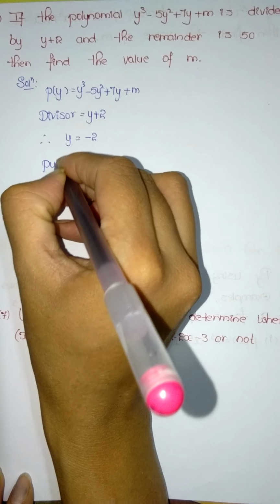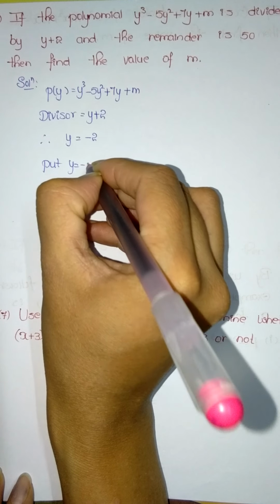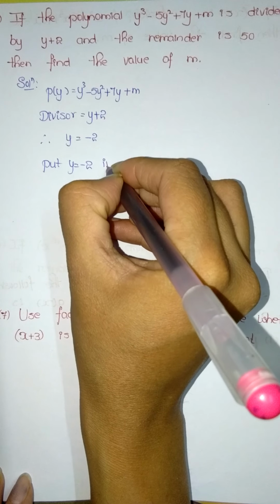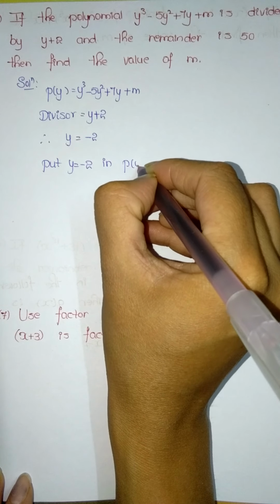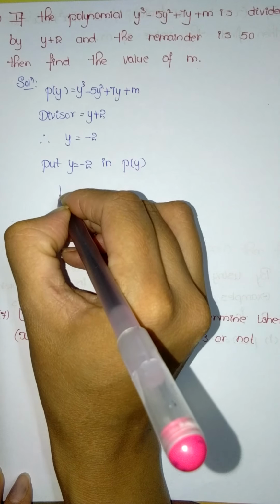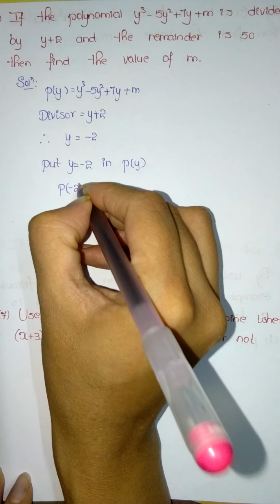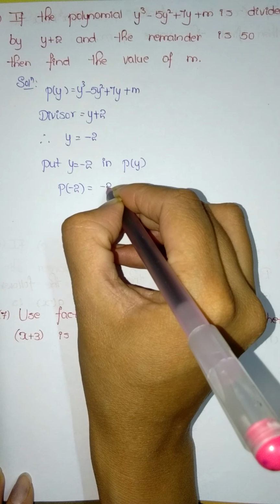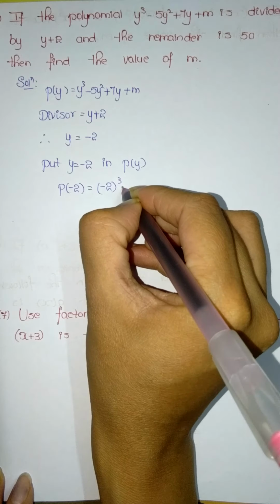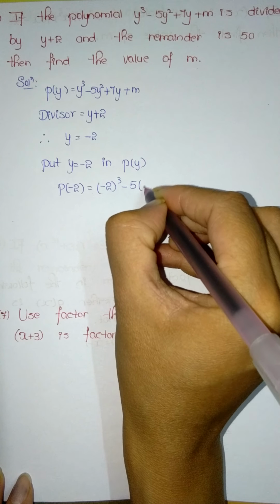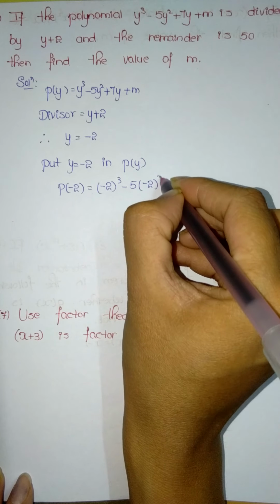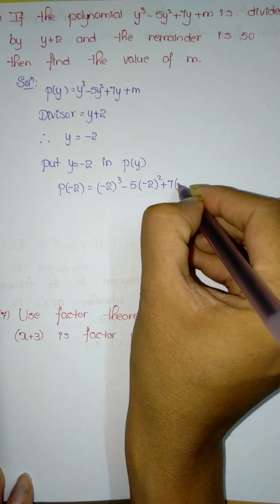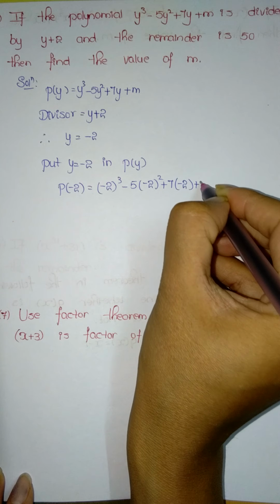Now put y equal to minus 2 in p of y. So here p of minus 2 equal to minus 2 whole cube minus 5 into minus 2 whole square plus 7 into minus 2 plus m.